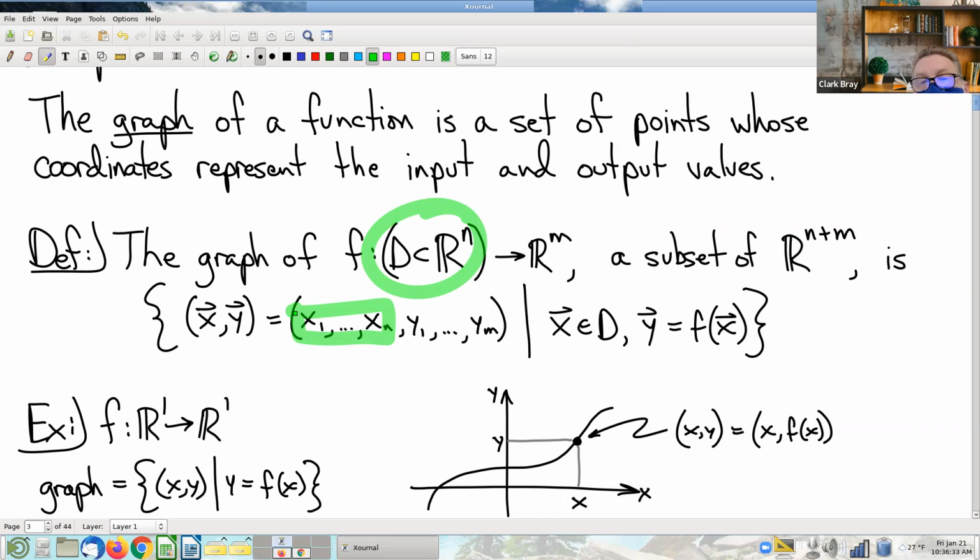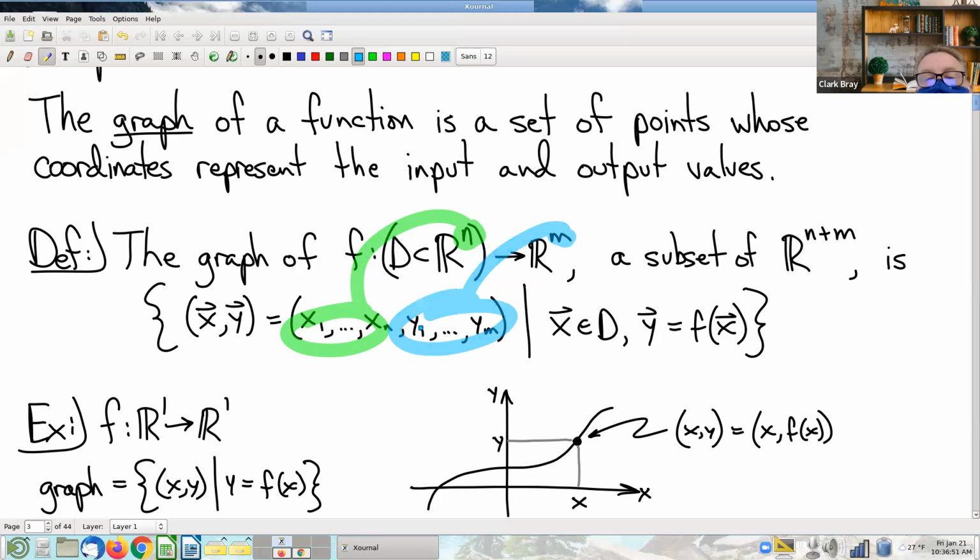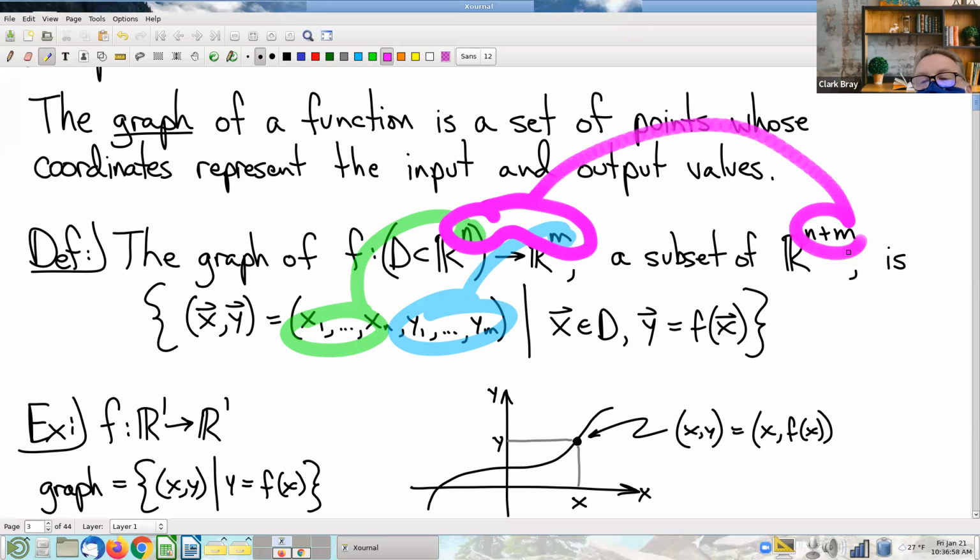Why does it say subset of R to the n? Oh, this is a subset. So my function might not be defined on all of R^n. It might just be a subset of R^n. Yeah. So we have, in some sense, n input variables and m output variables, and altogether, how many variables do we have? Well, we have altogether n plus m.